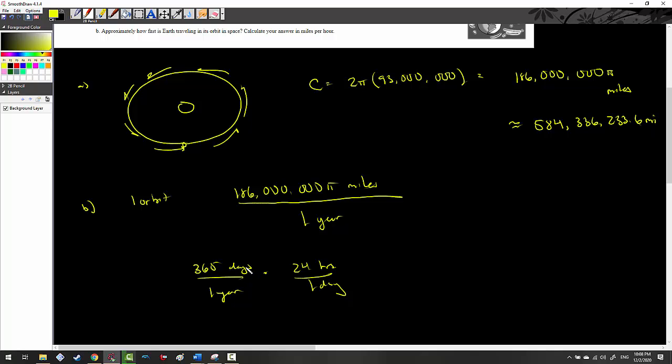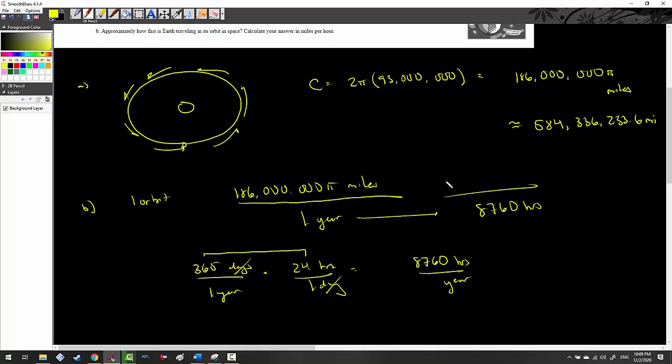So I know that the days can cancel each other out, and if I multiply the 365 by 24, I'm going to get 8760 hours per year, which means 1 year can then translate into 8760 hours. I'm going to carry this big monster number over.